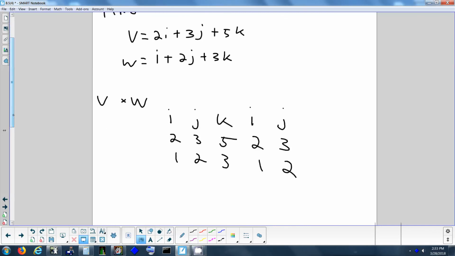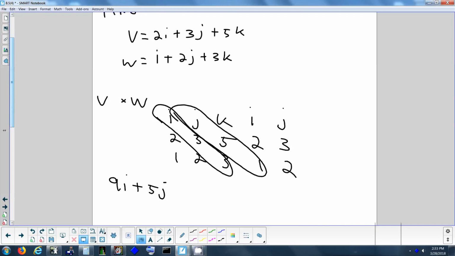Okay. Multiply all the columns that go down and to the right. What's I times 3 times 3? 9i. J, 5, 1: 5j. K, 2, 2: 4k.